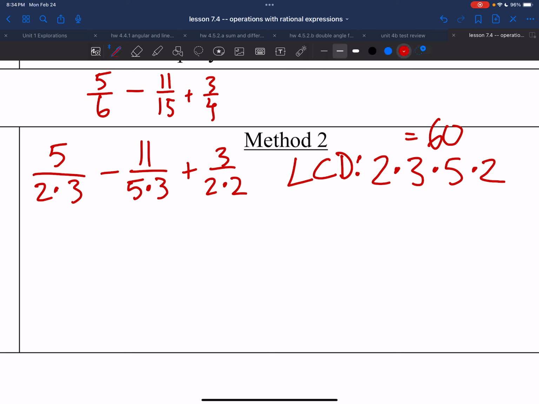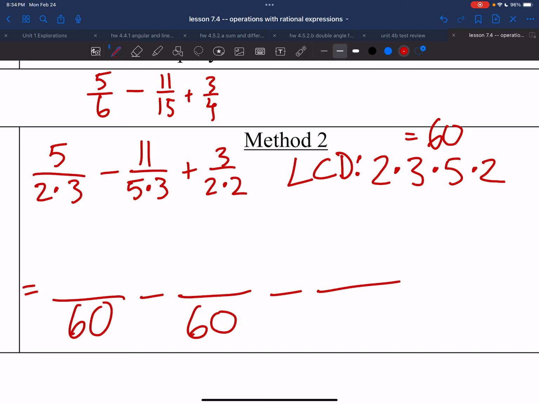So I say this equals, you know that this will be 60, this will be 60, and this will be 60. I'm going to switch to blue here. Look at this fraction and think, what do you need to multiply that denominator by to match this? Well, you already have a 2 and a 3. What you need is a 5 and a 2.